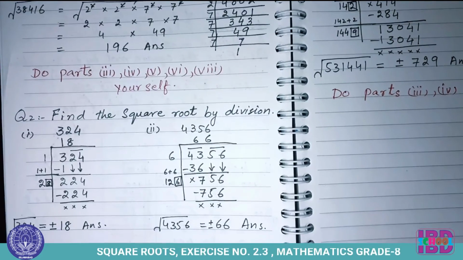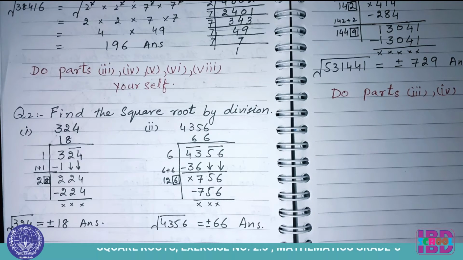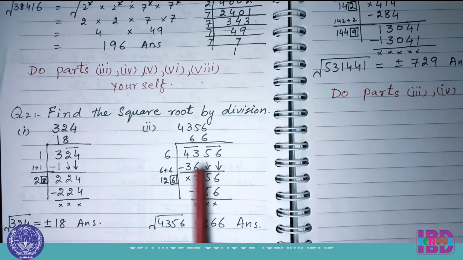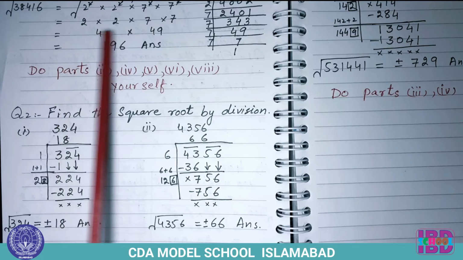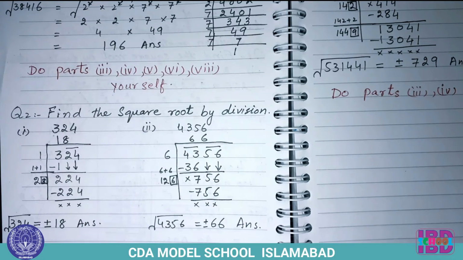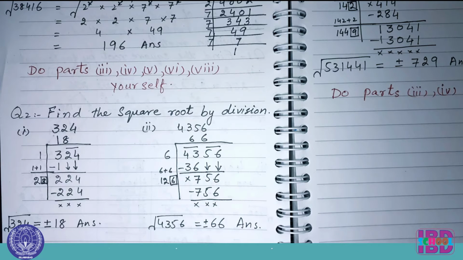The answer is, if the number is large, it will take a lot of time to reduce it to its prime factors, and the chances of going wrong are very high. Prime factorization is useful only for small numbers, and for large numbers we can use division method.